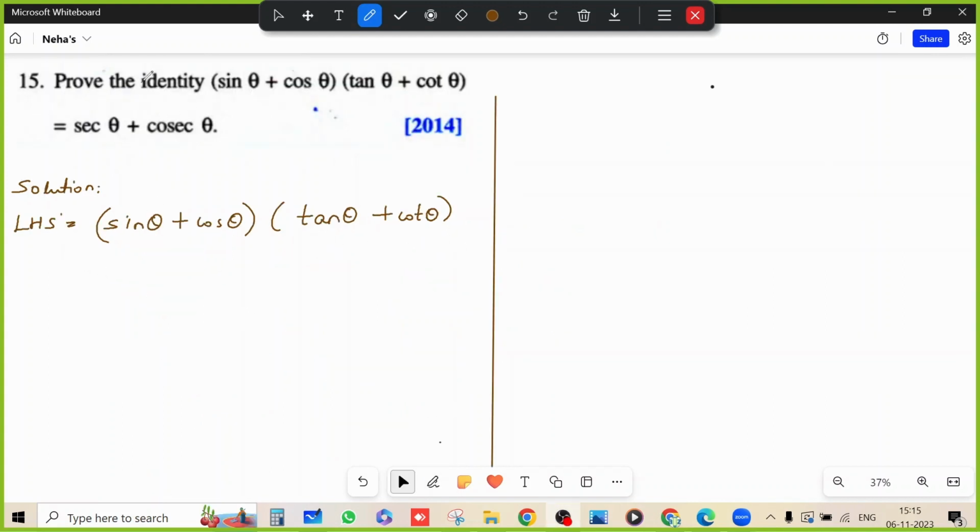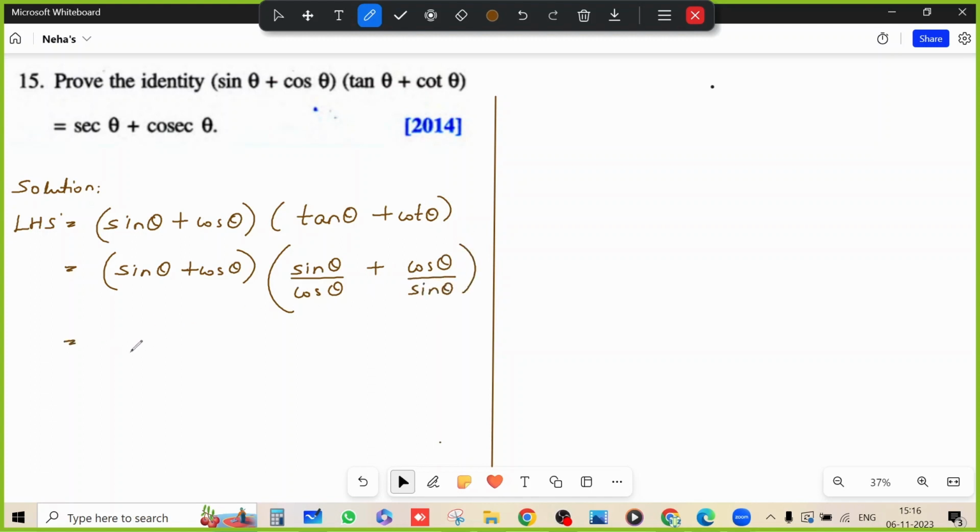The 15th question is, prove the identity sin theta plus cos theta into tan theta plus cot theta is equal to sec theta plus cosec theta. So we will begin from the left hand side. Now this can be written as sin theta plus cos theta. Tan theta can be written as sin theta by cos theta, and cot theta can be written as cos theta by sin theta.